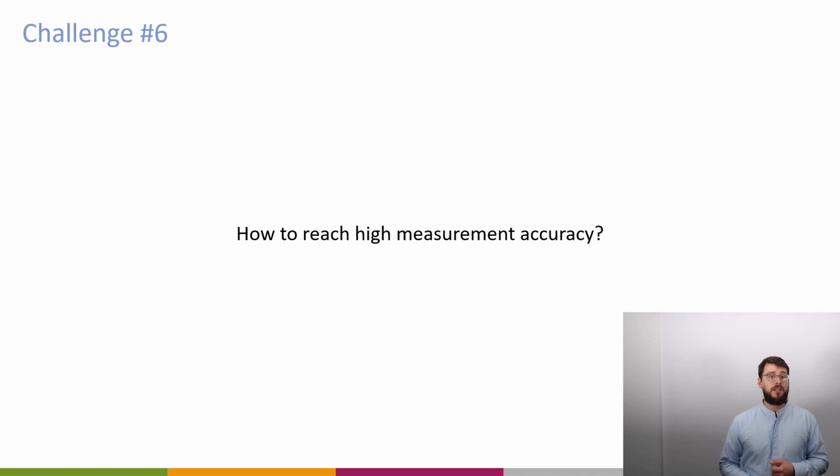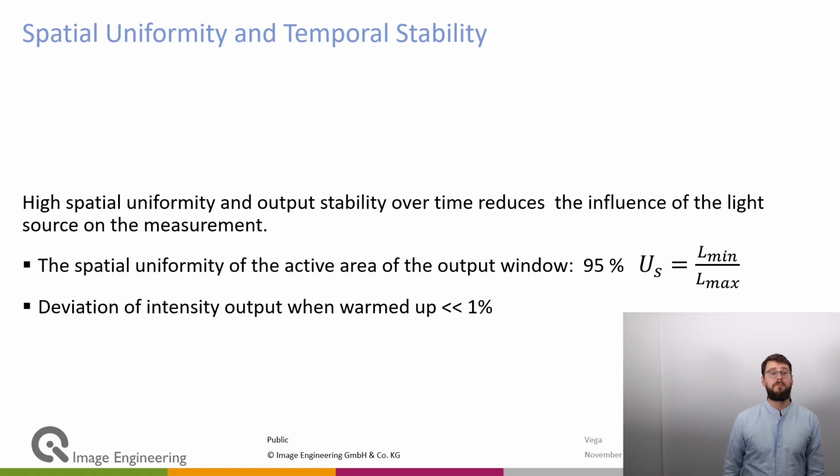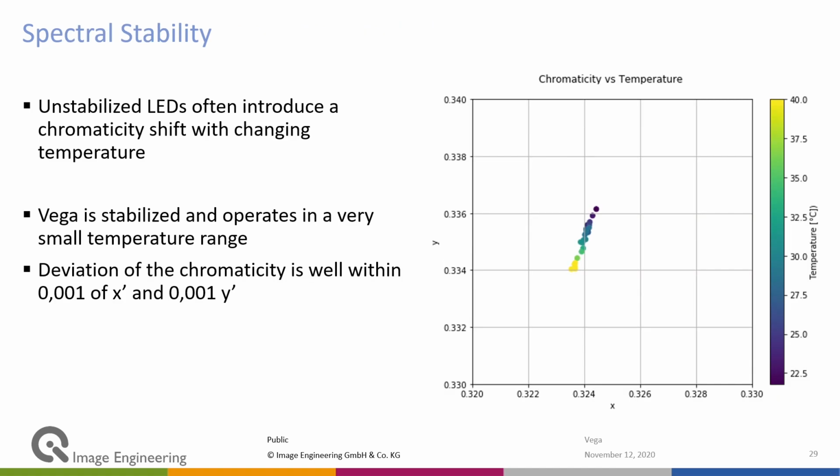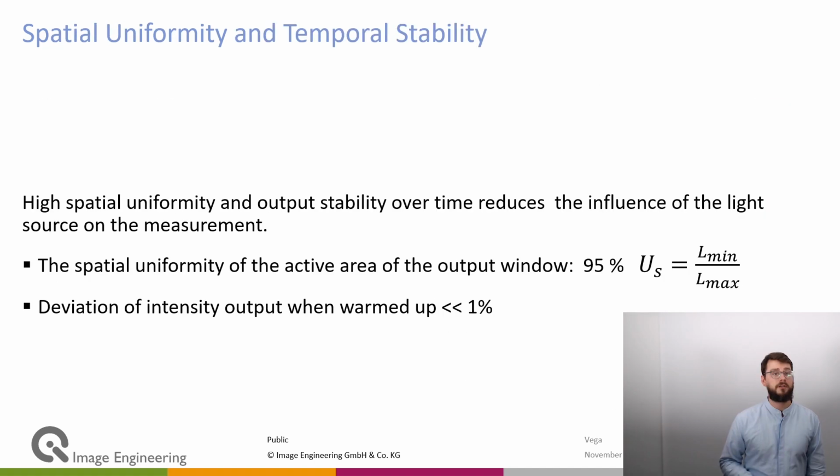So the last of our challenges is how to reach high measurement accuracy. And the 3 points I want to show you are spatial uniformity, temporal stability, and color stability also. I'll come back to it later.